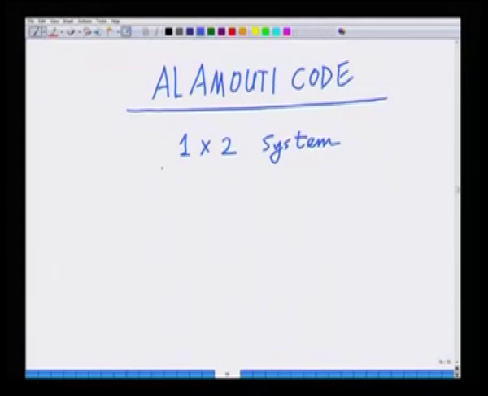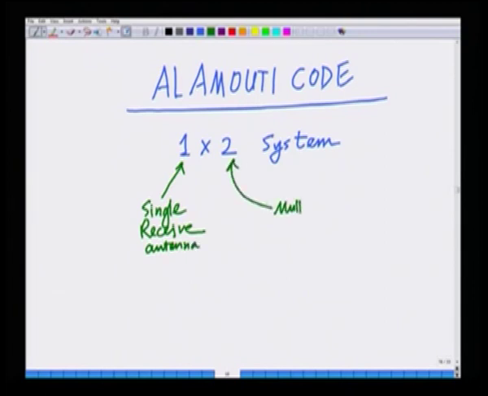So, I am considering a 1 cross 2 system, which is a single receive antenna, multiple transmit antenna system.